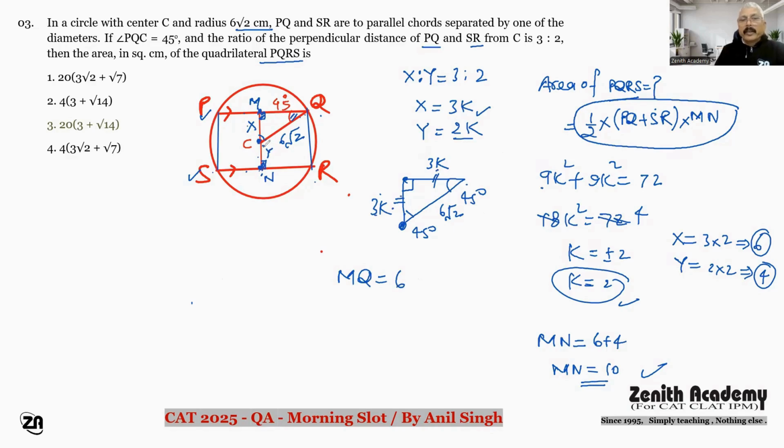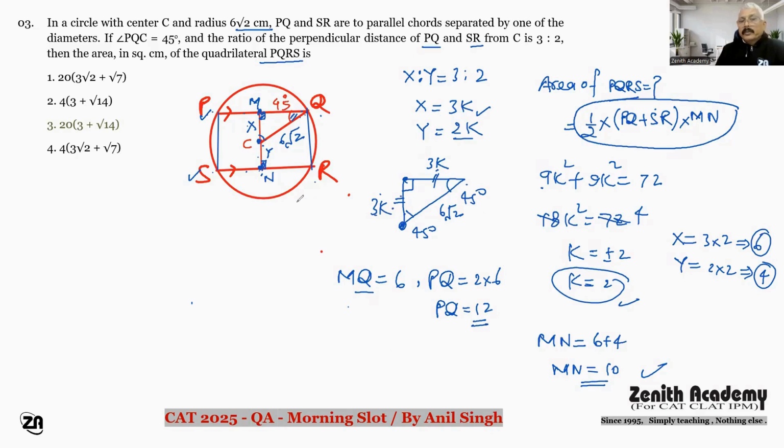Now there is a basic property that whenever you drop a perpendicular from the center to a chord, it divides the chord at the midpoint. It means M is the midpoint of PQ. So MQ is equal to 6, so it is very clear that PQ is equal to 2 into 6, which you calculated is equal to 12.